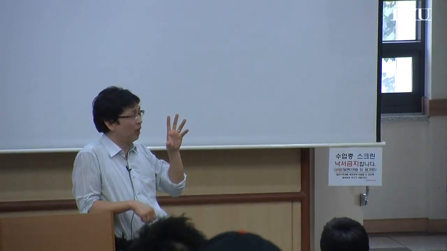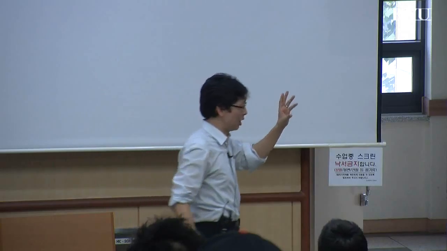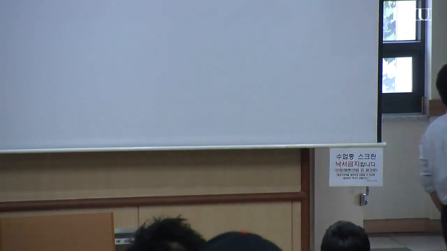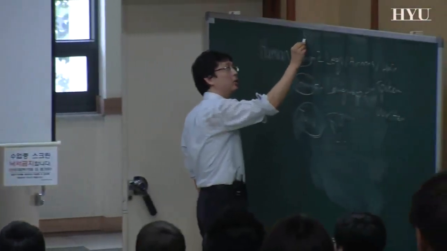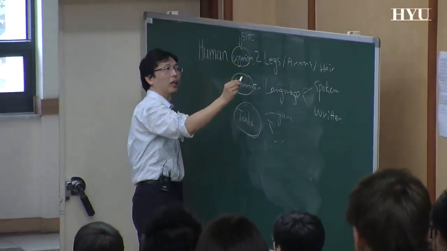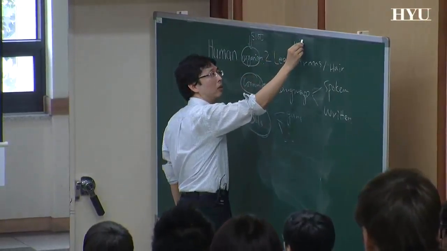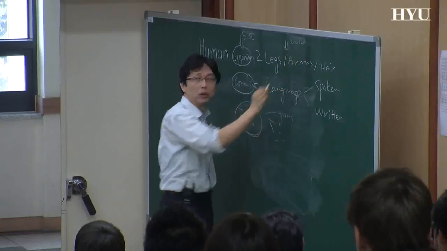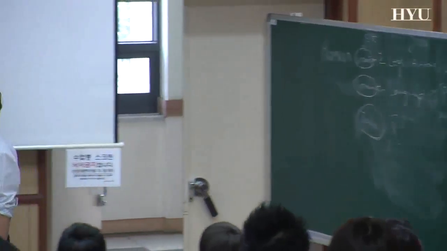So when you define the nature of knowledge of the human being, how can you describe the human with these kinds of slots? That is called a slot. That is called a value. That's what we mentioned here.